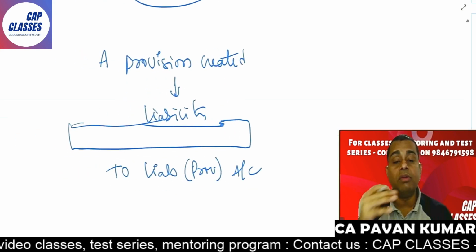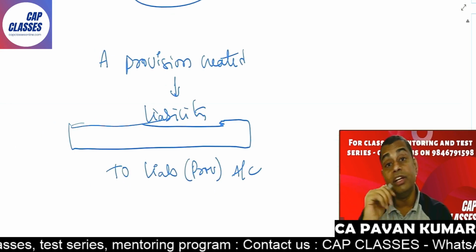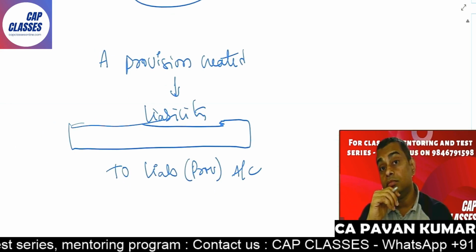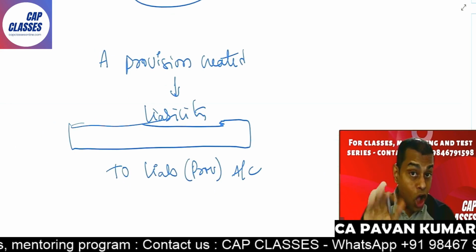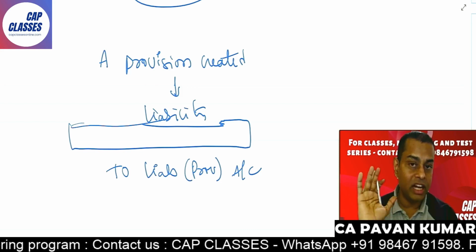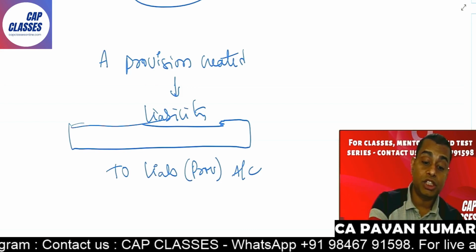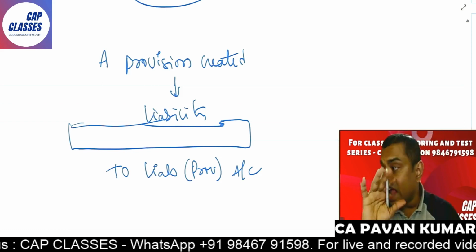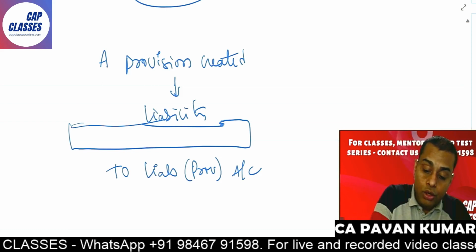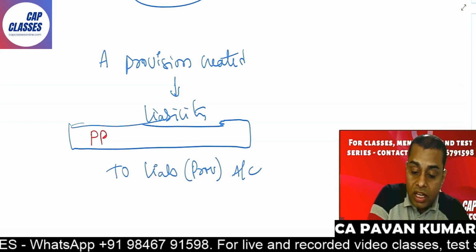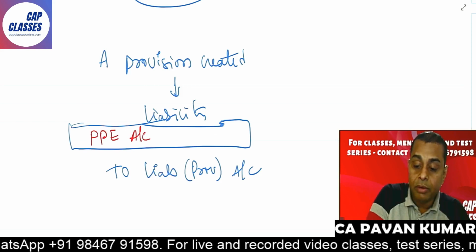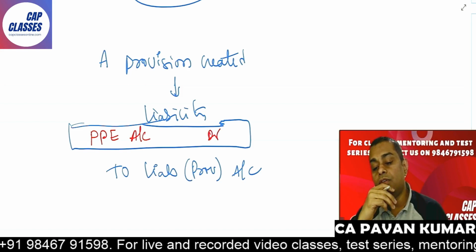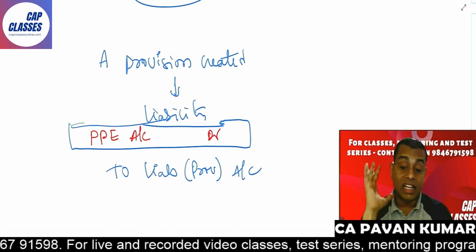Credit side is to liability account, to provision account. Debit side, normally it is P&L account debit. But in exceptional cases, a provision can be capitalized. When you are capitalizing a provision, you will write asset account here, PPE account debit. Oh, that is this third component.